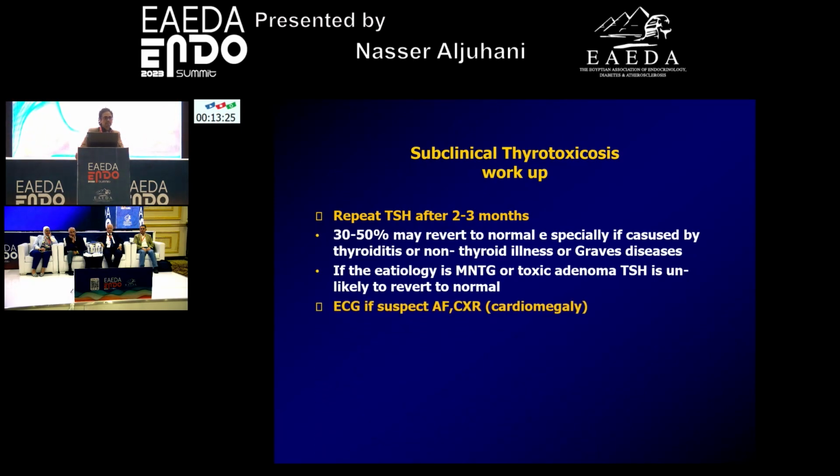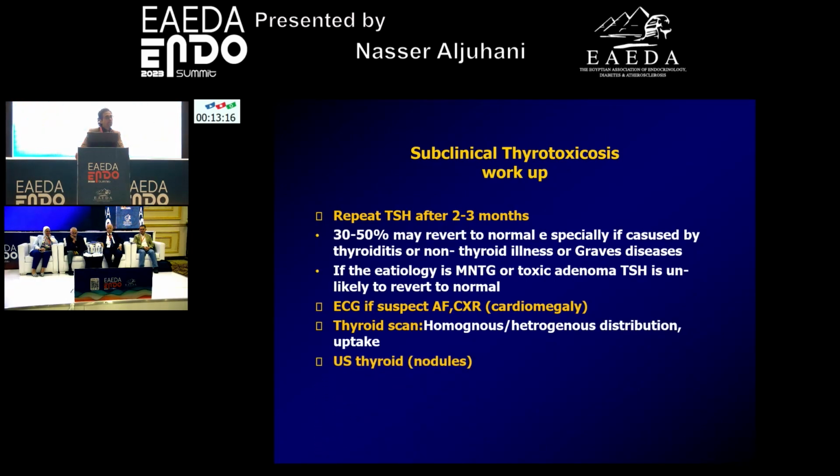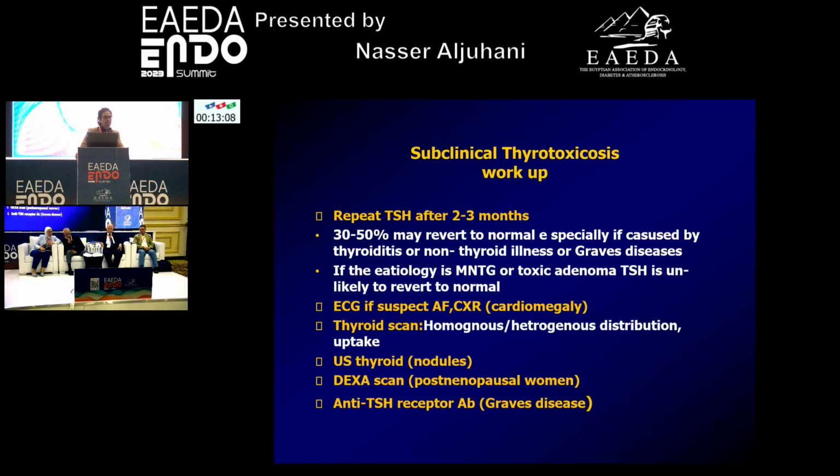ECG if you suspect AF, chest X-ray if you suspect cardiomegaly. Usually in these cases we do a thyroid scan to look for the uptake, and we do an ultrasound of the thyroid if there is a clinical nodule, and a DEXA scan in postmenopausal women. Some patients have idiopathic subclinical hyperthyroidism. In this case the reason is most likely Graves' disease.